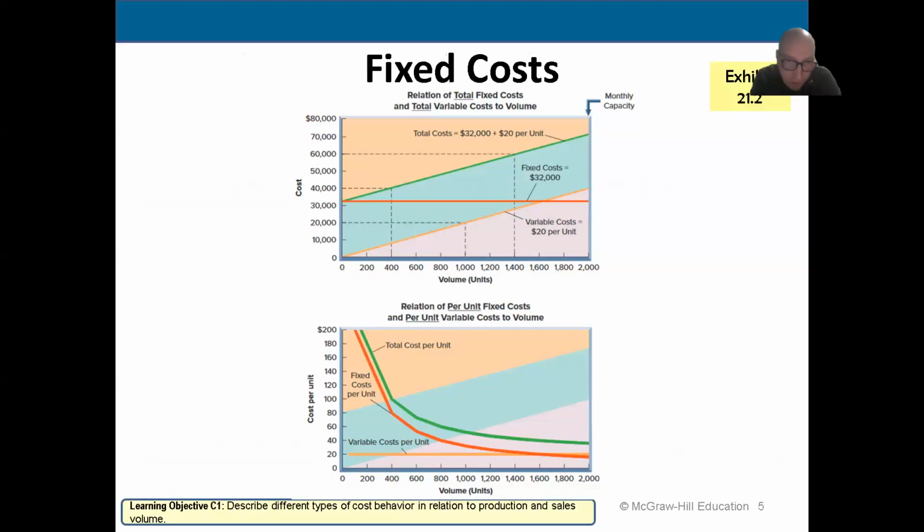Variable costs, as you know, represent the total cost of a unit. It includes things like direct labor, direct materials, and a little bit of factory overhead. Those are my variable costs. Variable costs change with the level of production.